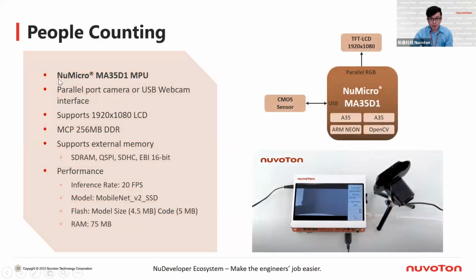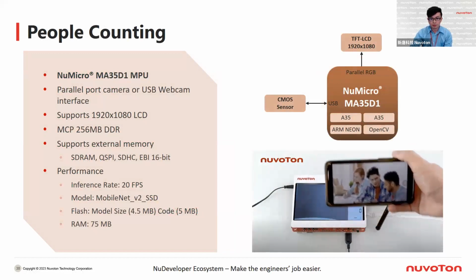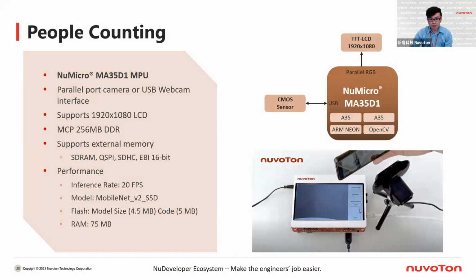In this slide, we have a people counting example using the A35D1 NPU. As shown in the video on the right, it detects the number of people in the environment. This system uses a USB camera and displays the result on the LCD. The performance can reach up to 20 frames per second.